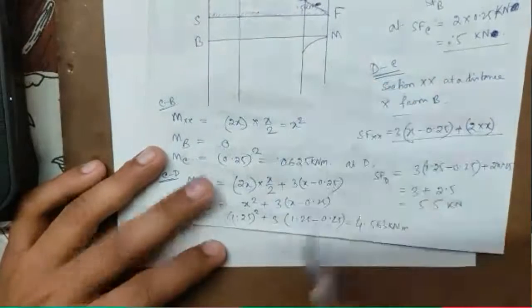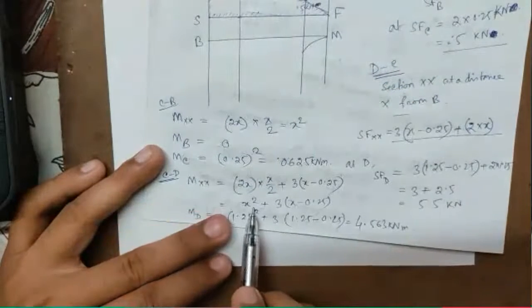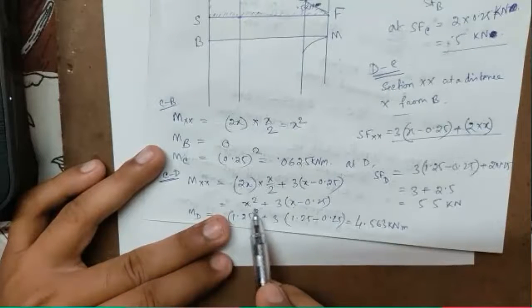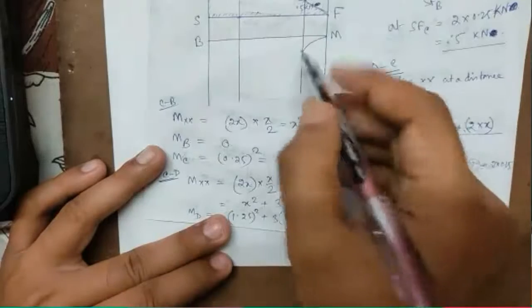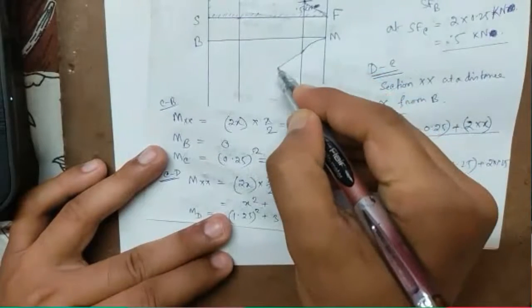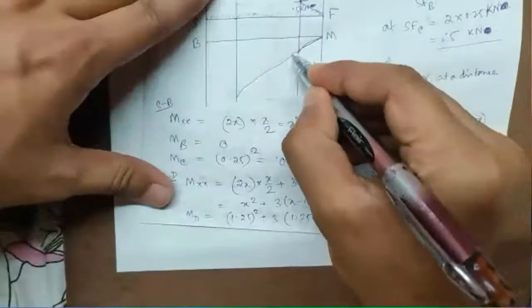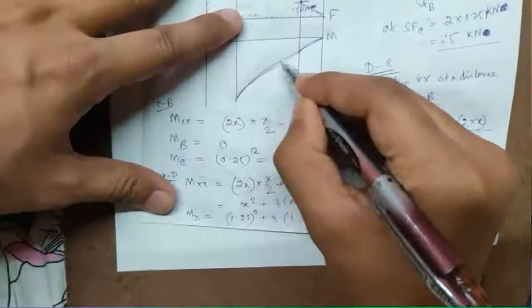So now again this curve will continue as this bending moment depends on x square. So this will continue this way. So my curve got a little bend up scenario.